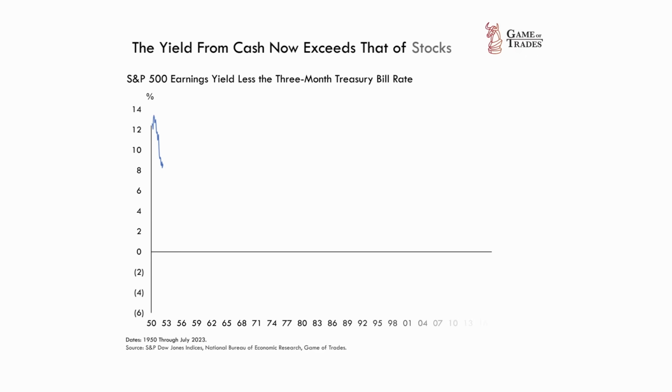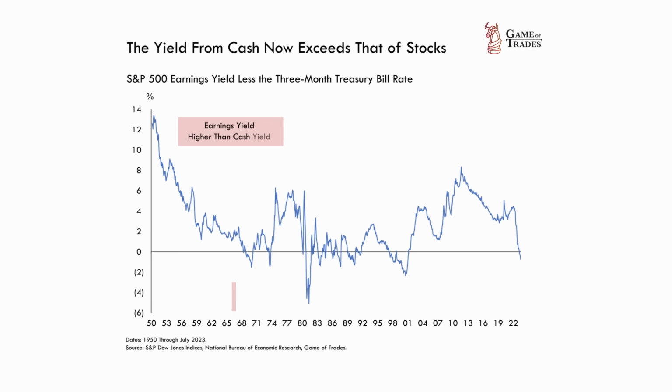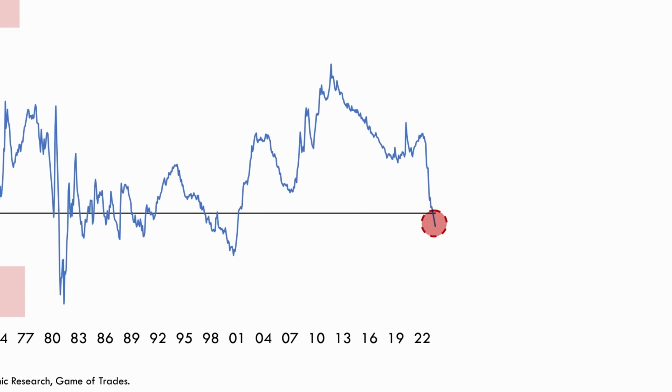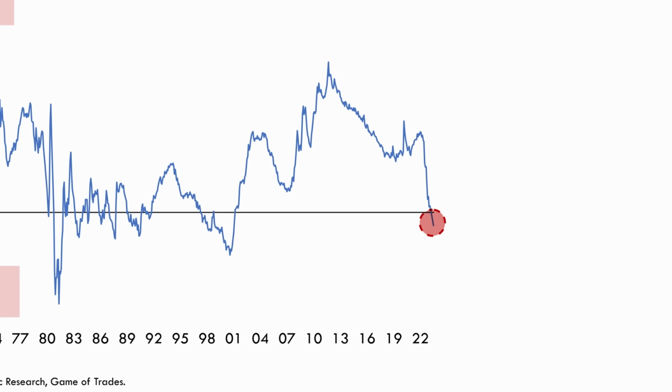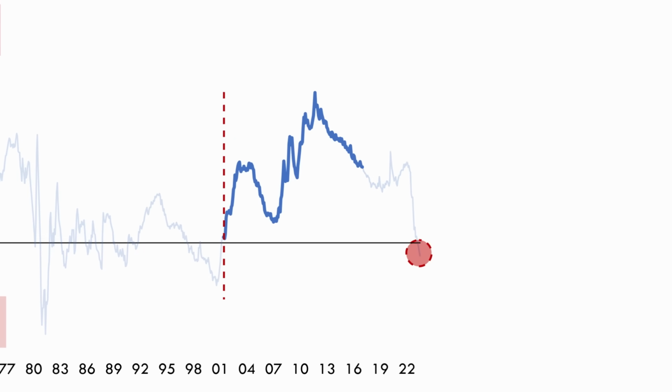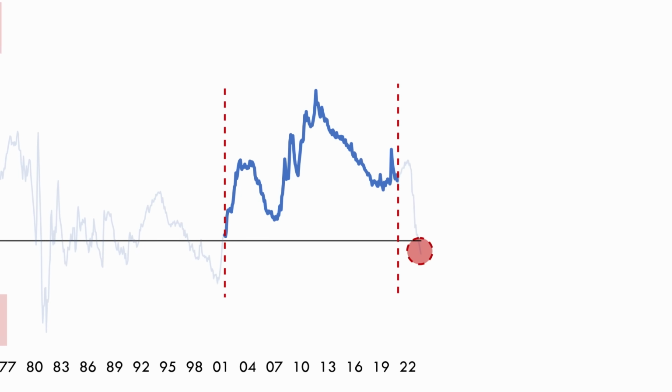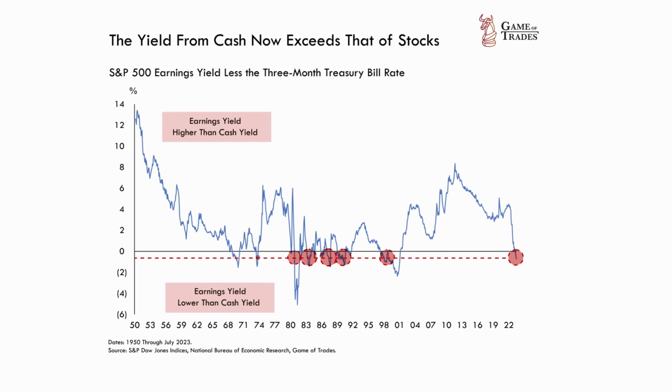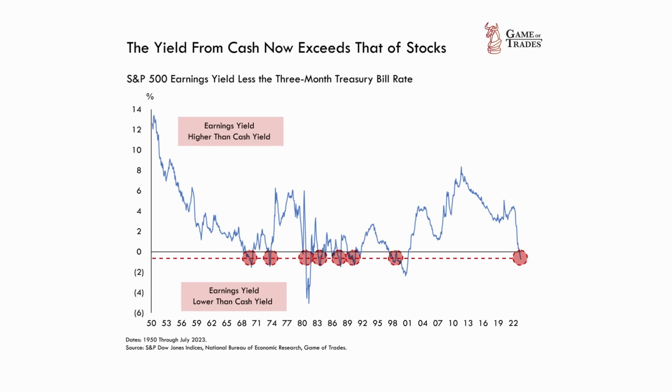So if we look at the earnings yield against the 3-month treasury bill rate, we see the earnings yield is now lower than the yield you get for simply holding cash, which is a substantially different environment for the stock market to what we saw between 2003 and 2021. In fact, we've only seen 8 moments since 1950 where we saw this spread come down to the same level that we are now.